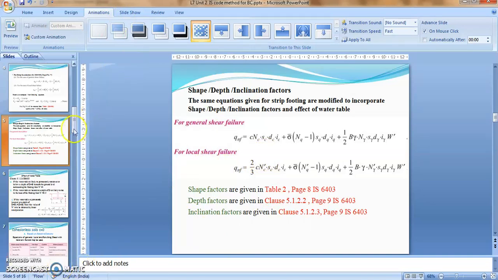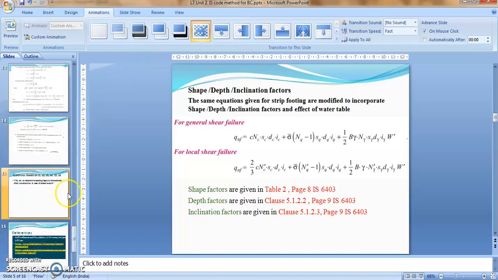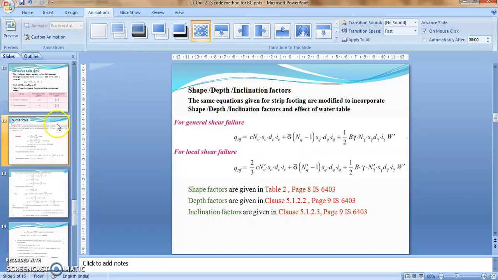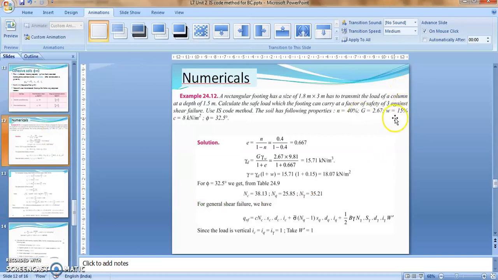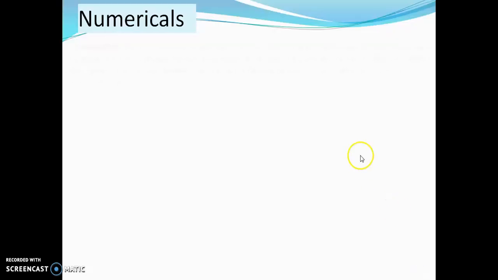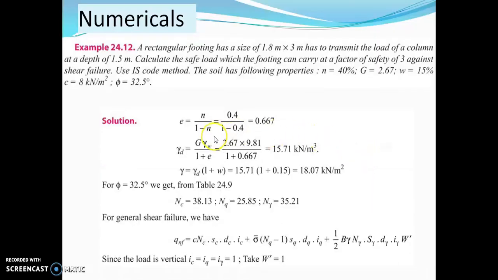Over here, the case is different. The angle of friction given in your numerical is 32.5, correct? So for 32.5, we do not expect local shear failure. Understood? Do not expect local shear failure. Now, this is the solution that is mentioned in your textbook.